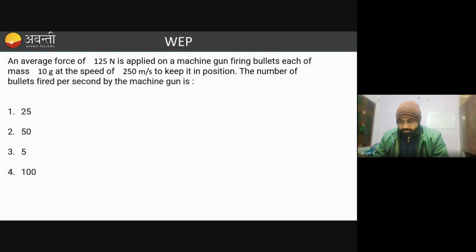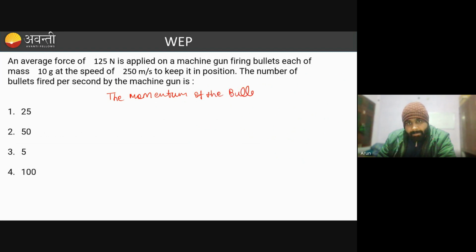So we can say that the momentum of the bullets equals n times, let's say we have assumed that n bullets have been fired, mass of the bullet times velocity of the bullet. And to support that for 1 second, we need a force, because force is nothing but change in momentum upon change in time.